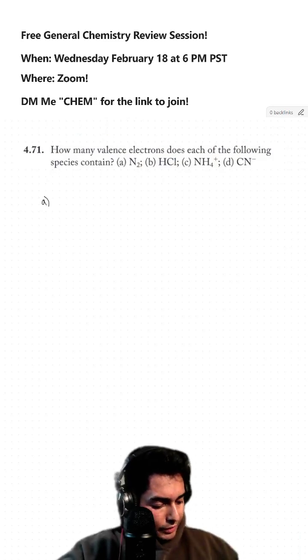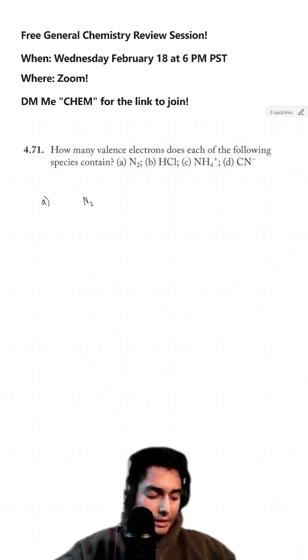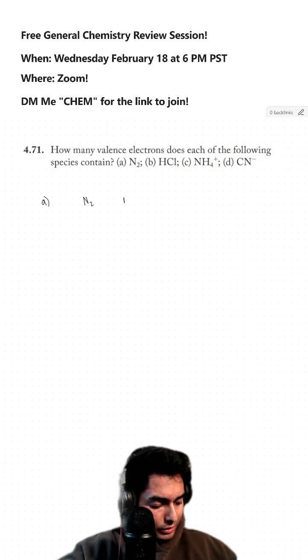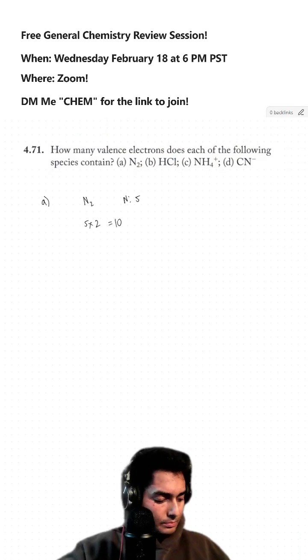If I have N2, I need to be really confident with knowing how many valence electrons each of my elements has. So nitrogen by itself has 5, but I have 2 of those, so 5 times 2 is equal to 10. So the number of valence electrons for the species N2 should be approximately equal to 10.